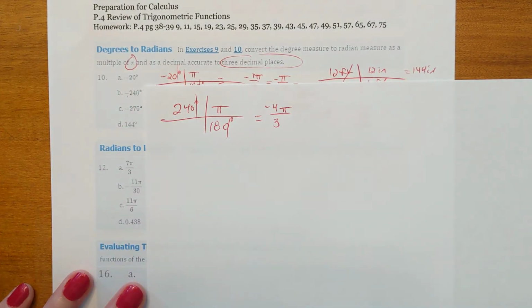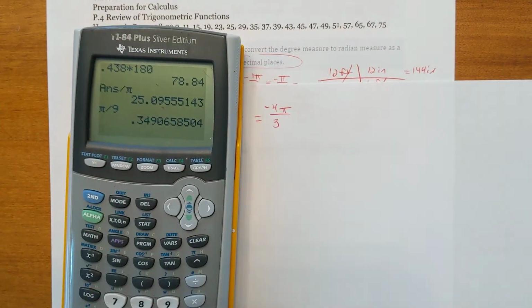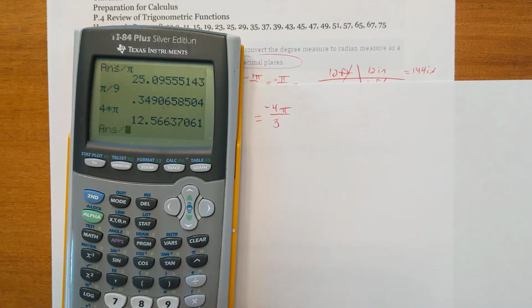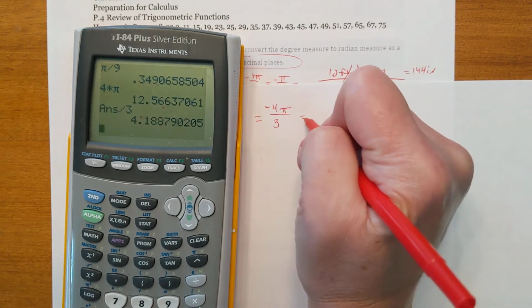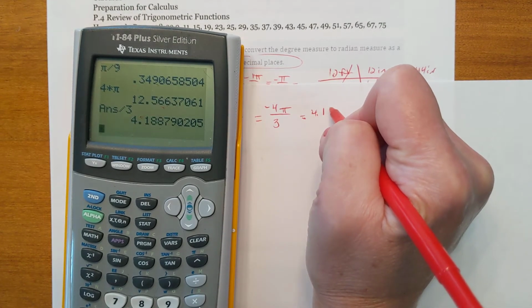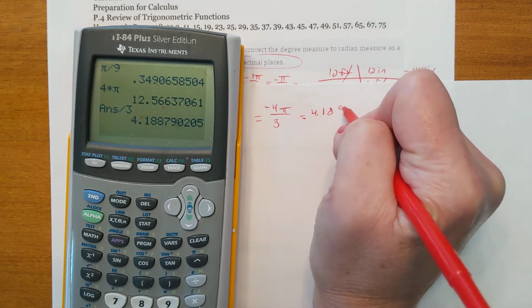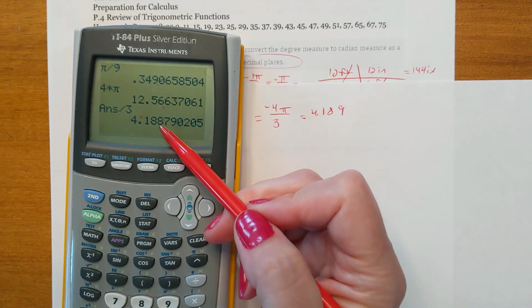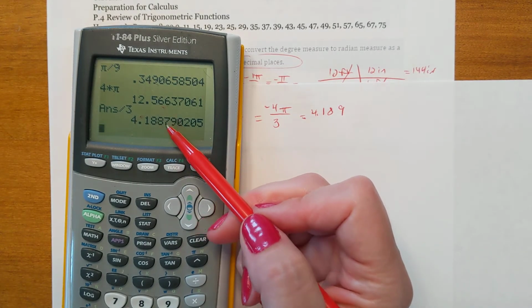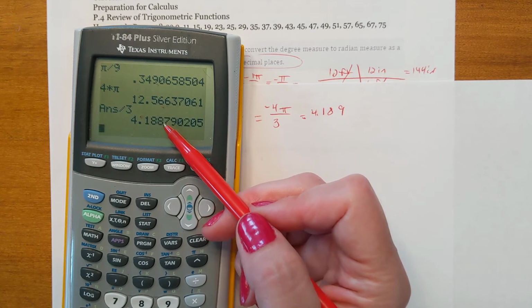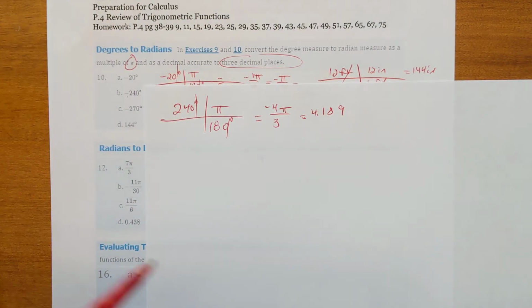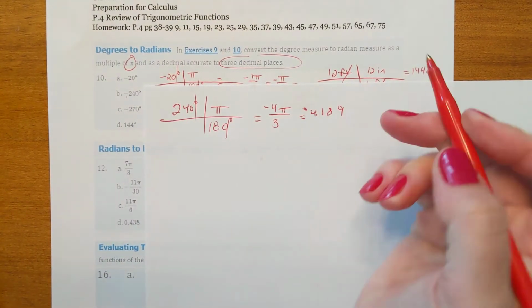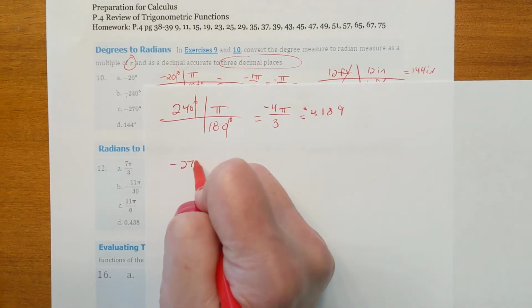And then changing that to decimal, 4 times pi, divided by 3, is 4.189. You have to round that 8 up to 9 because they said 3 places and the number after the 8 was 5 or more, so that takes it to a 9. And it's negative.